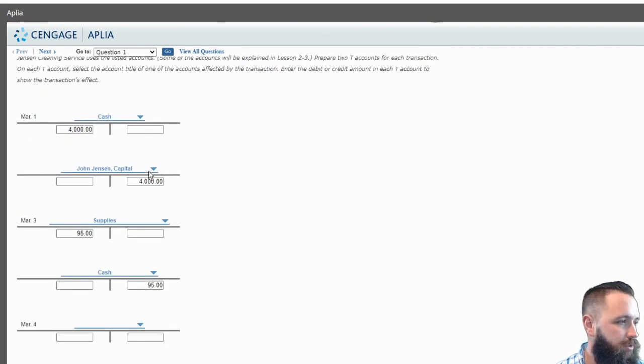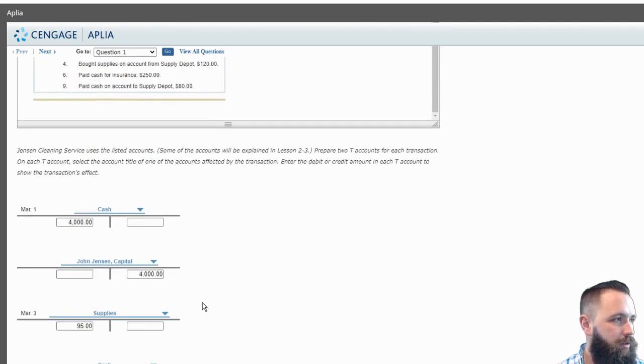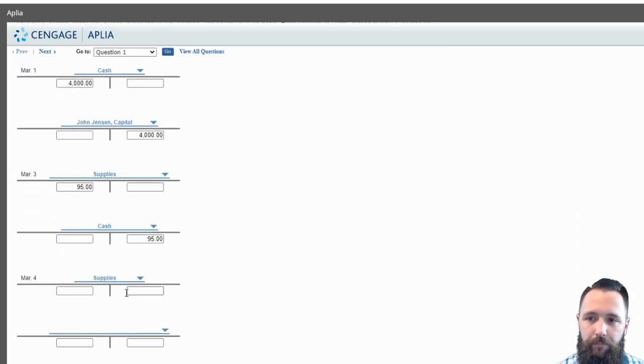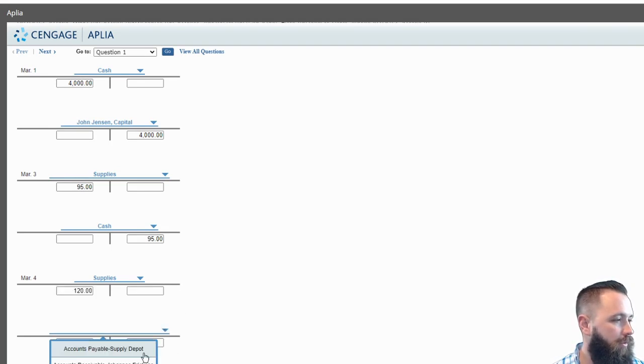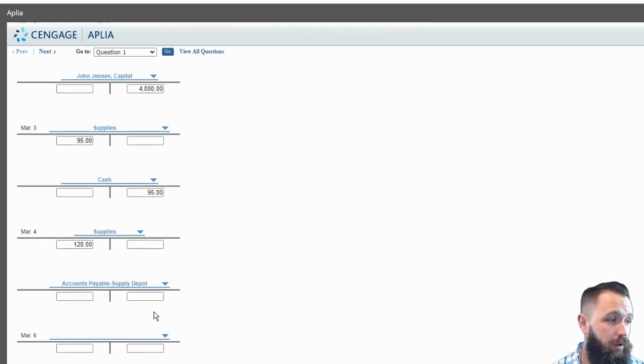So I bet you supplies will be listed first. And it is. We need to increase it. So we'll increase it $120. And then the other account that we have is accounts payable, because we're going to owe Supply Depot for that money. So it should be $120.